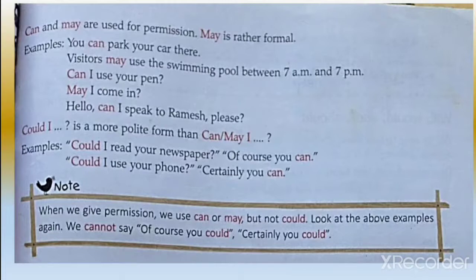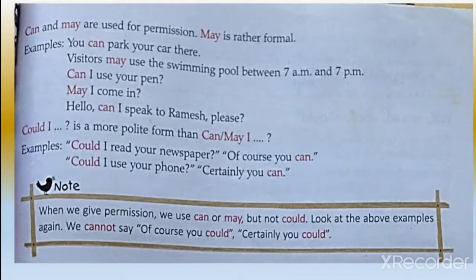For example, excuse me, could I just say something to you? So here, polite permission. That time you have to use could. Earlier we learned that could we can use for ability in the past. For example, when I was younger, I could run fast. Now I have become older, so maybe I cannot.